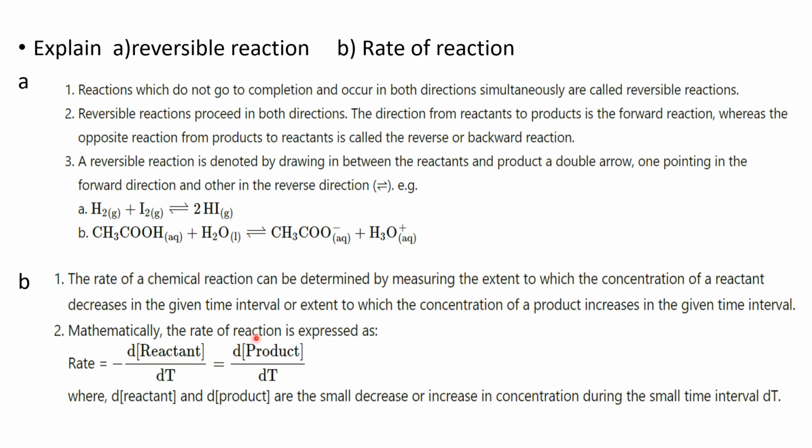Mathematically, the rate of reaction is expressed as rate is equal to minus d[reactant] upon dt, which is equal to d[product] upon dt, where d[reactant] and d[product] are the small decrease or increase in the concentration during the small time interval dt. Here the minus sign shows that the reactant concentration goes on decreasing with time.